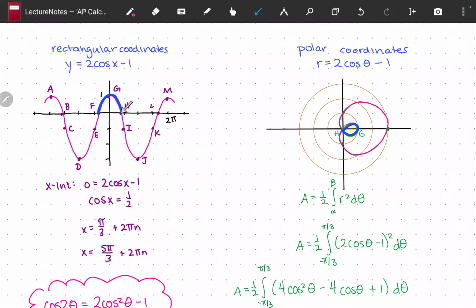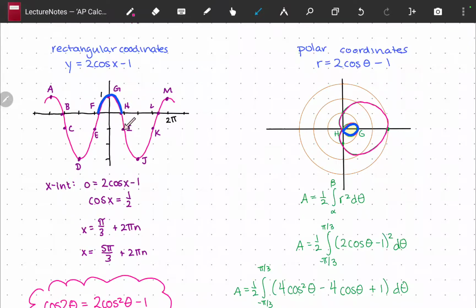And then we did it again, now from H to I. Well, I was at pi over 2, but the radius is negative 1. So here's pi over 2, but the radius being negative 1 means we go in the opposite direction, 1 unit. So we had a point right there. And then what's happening between H and I?